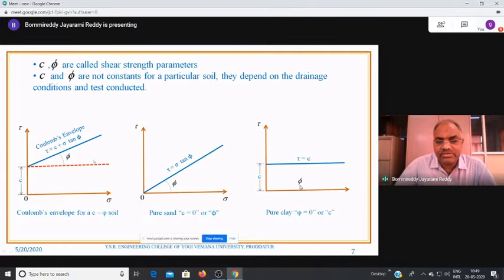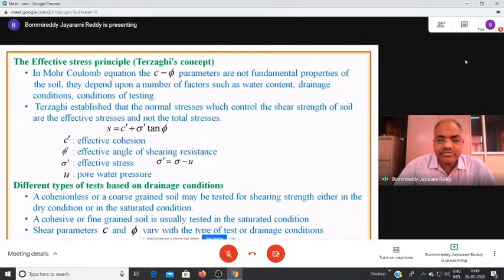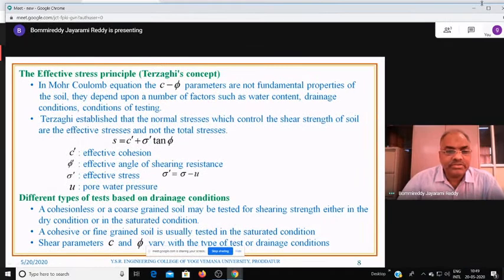These are the three generalized failure envelopes, and they are useful in evaluating various properties from the tests. Then afterwards, Terzaghi has given some other concept.